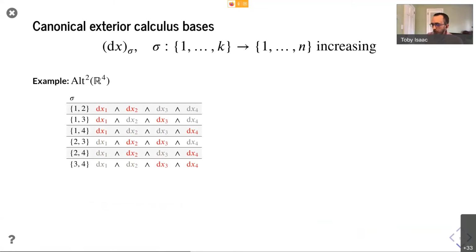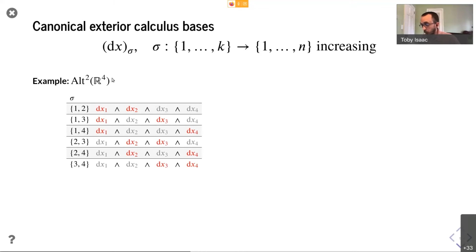The idea being that, for instance, if I want to construct a canonical basis for algebraic forms, I can use the differentials associated with the different coordinate directions and represent them with a parenthesis and some kind of subset, or an increasing map, which helps me define an orthogonal basis for that space.